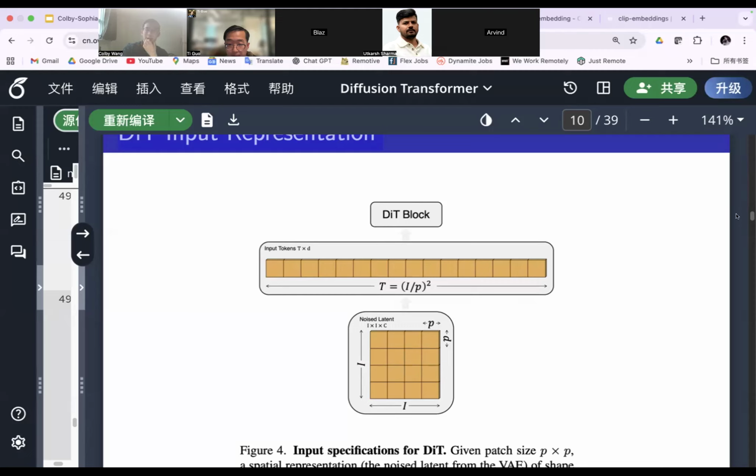So we just go backwards. We go from the token of 384 into the square that we want, like maybe 2 pixel by 2 pixel and some channels, and then we reassemble it into the original image. That is the noise, because the noise must have the same size as the noisy image.